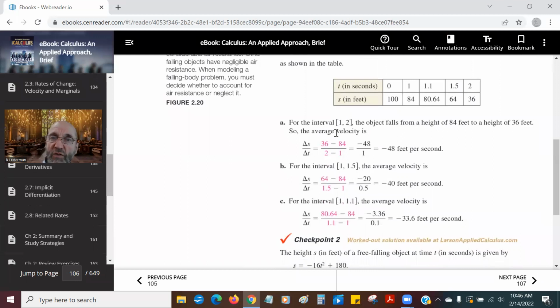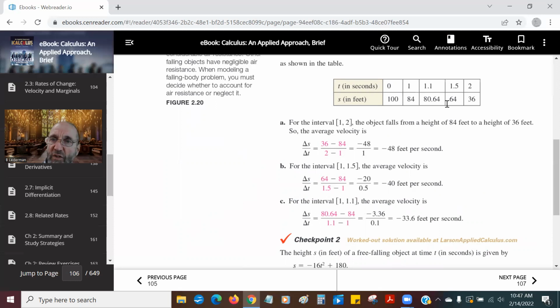So for the interval 1, 2, we have 2 minus 1 on the bottom, 36 minus 84 on the top. I'm taking that 36 and that 84. And we get negative 48 feet per second. And the average between 1 and 1.5 is 64 minus 84 over 1.5 minus 1.